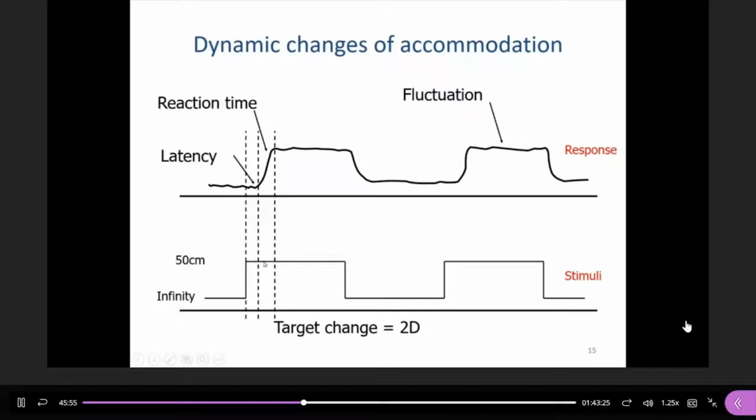For example, if you change from a distant to a near object, look at the eye response: a small amount of accommodation, and this is the latency, so no response, and then it starts to increase quickly to here, and from there it keeps increasing the accommodation. But if you keep increasing the amount of accommodation, the image does not get better.